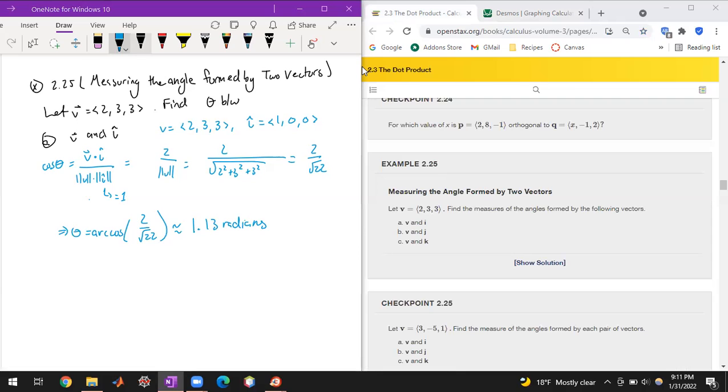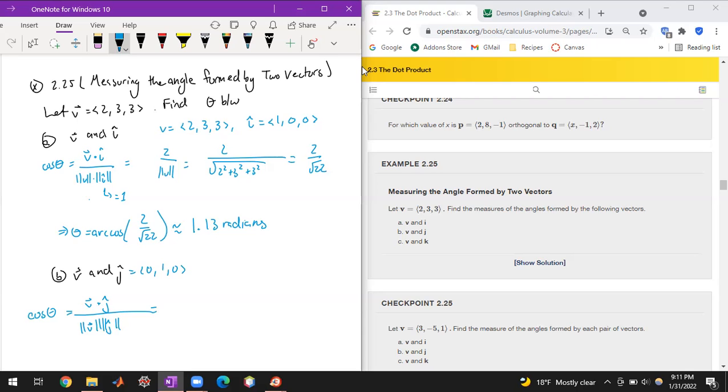For part B, we're interested in the angle between v and j. Once again, we know that the cosine of the angle between them is going to be their dot product divided by the product of their magnitudes. Well, j has only one component, and this time it's the middle one.